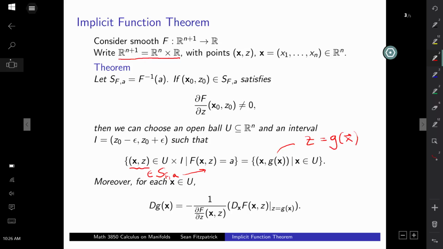So maybe the same function doesn't work for all of S. Maybe it only works for part of S, just as in the previous example, the function we wrote down only works for the positive upper hemisphere, away from the equator.